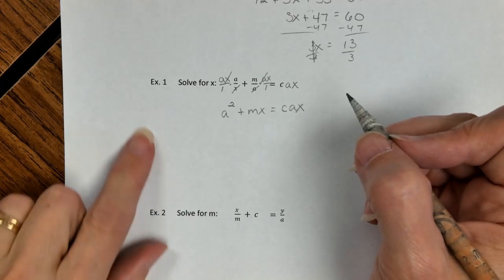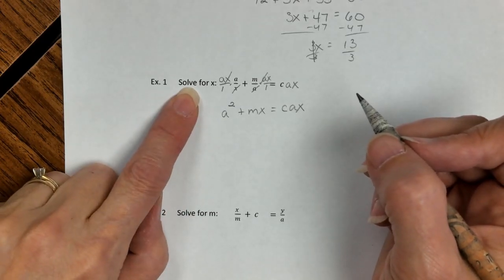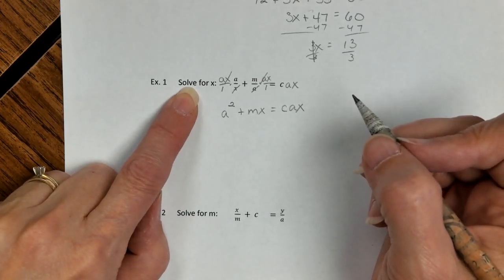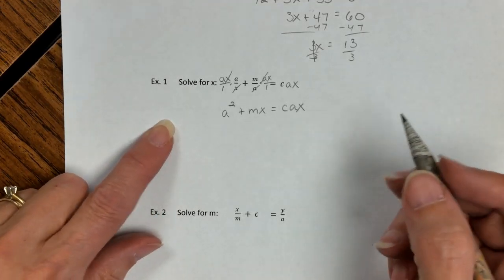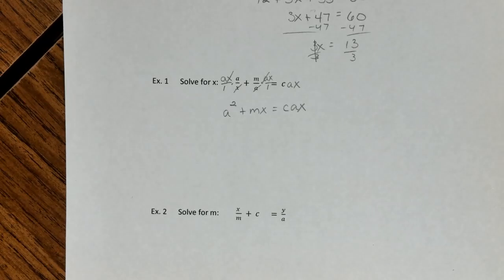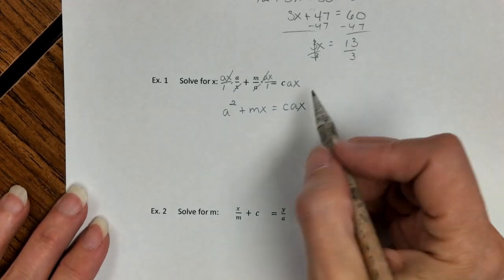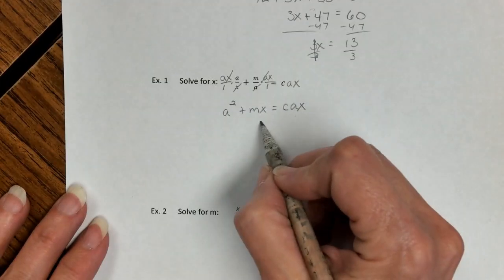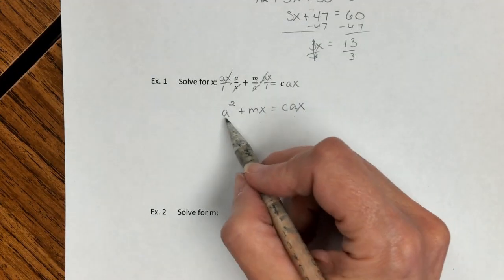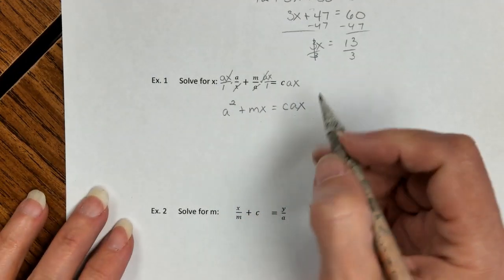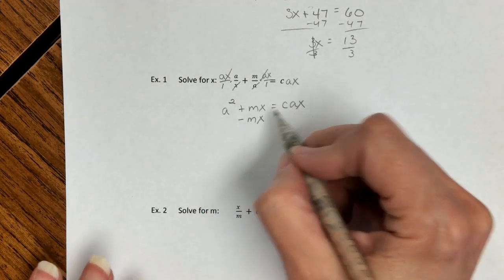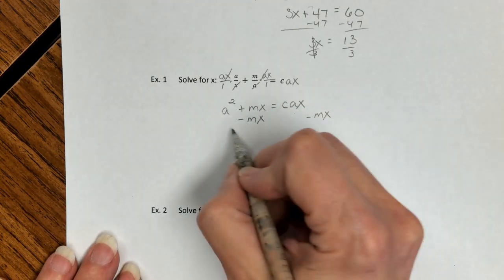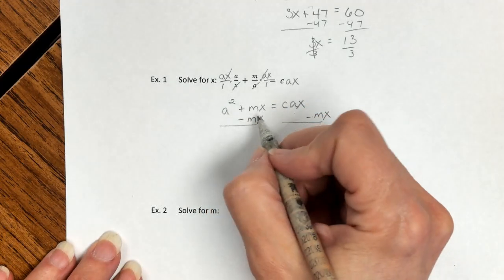Now, look back at the directions. We're solving for x. That means we need to get x by itself. The first step for that, now that we've gotten rid of denominators, is to get every term with x in it on one side of the equation. It doesn't matter which side. I could subtract cax from both sides, but then there are more steps involved because I'd have to subtract a squared also. So I'm opting for a little less work, and I'm moving mx. Subtract mx from both sides. And there they cancel.